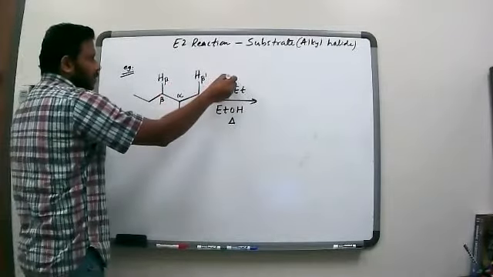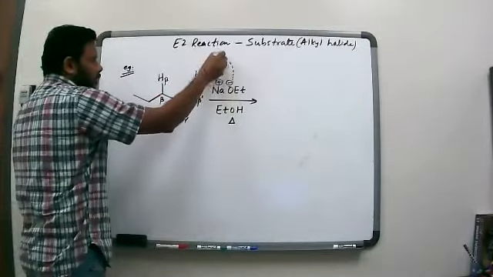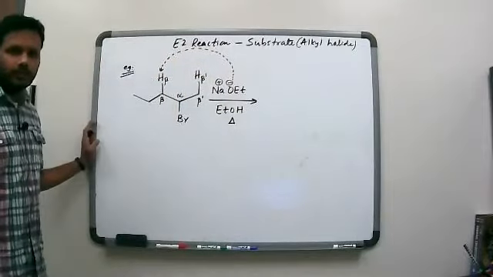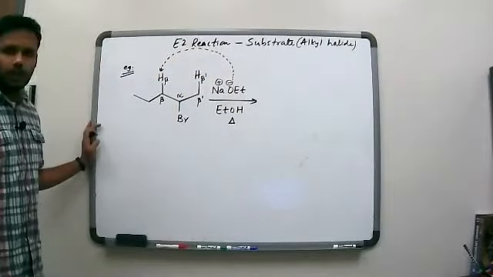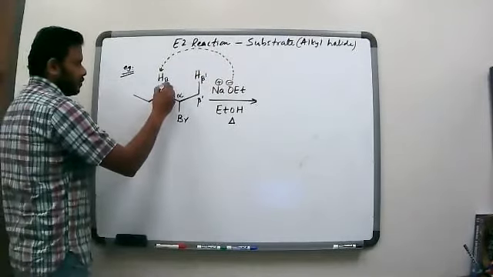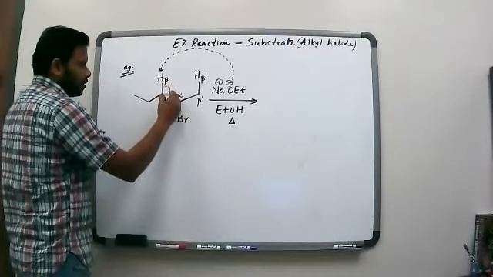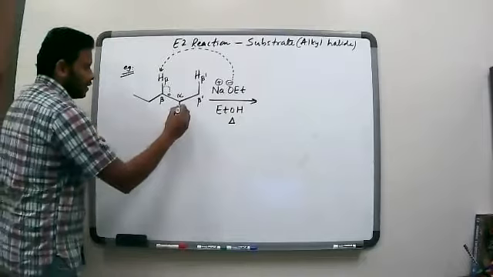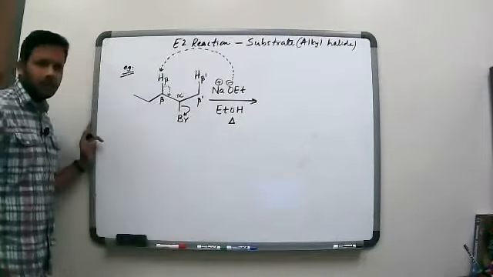It could go and react with the beta hydrogen. Okay, it could go react with the beta hydrogen. And in this particular case, the bond between H beta and C beta would fall into the space between alpha and beta, and then the bromine would get kicked out.